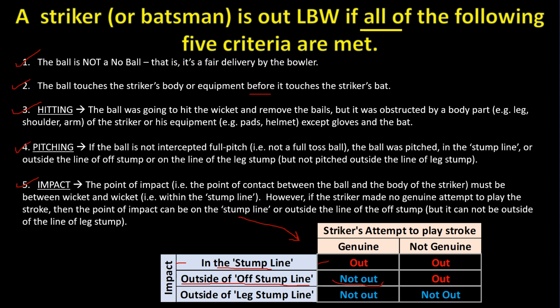But if this attempt to play the stroke is not genuine, then the batsman can be given out LBW. Third row, if the impact is outside of leg stump line, then irrespective of the genuineness of striker's attempt to play the stroke, the batsman or the striker cannot be given out LBW.